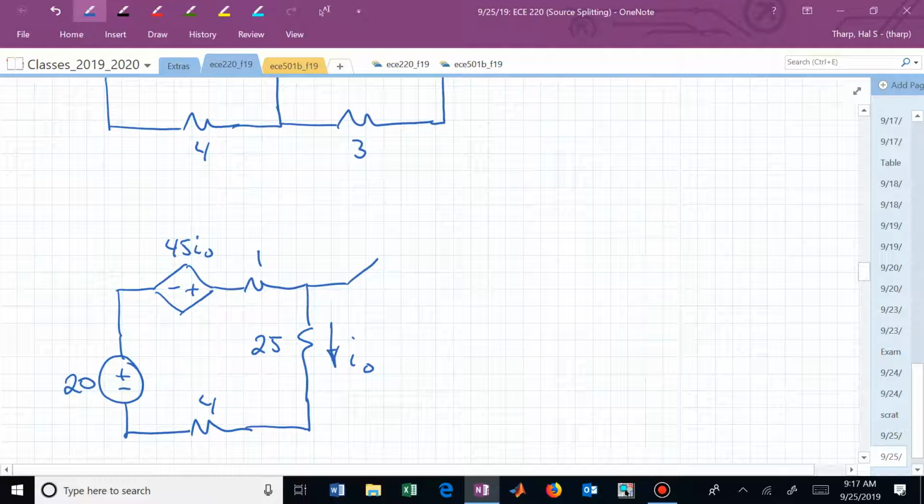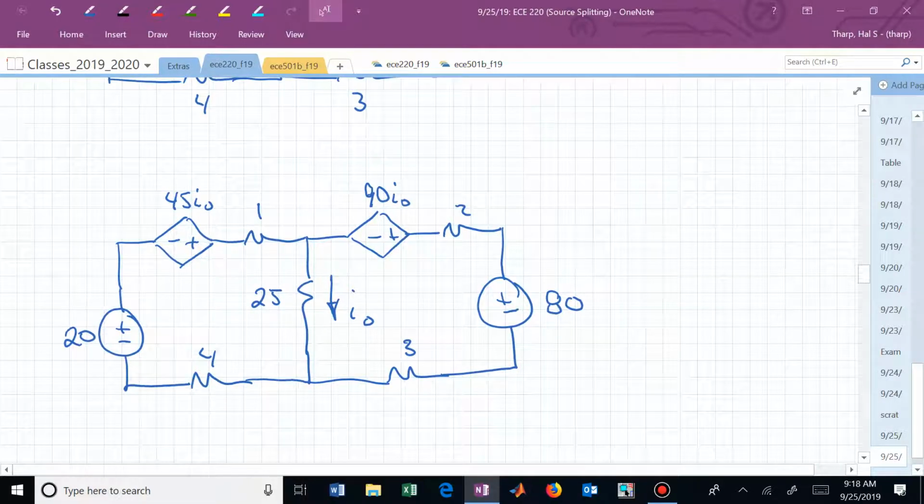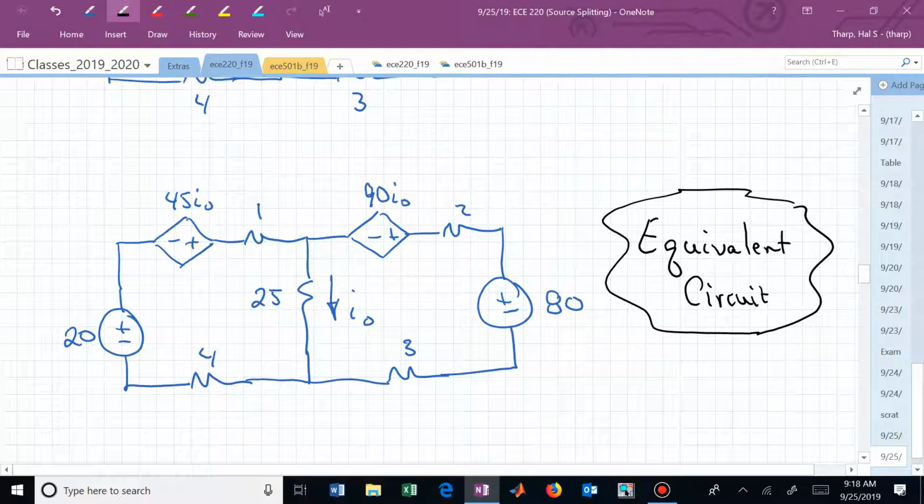And on the right, and that's now my equivalent circuit that I was able to produce by splitting sources.